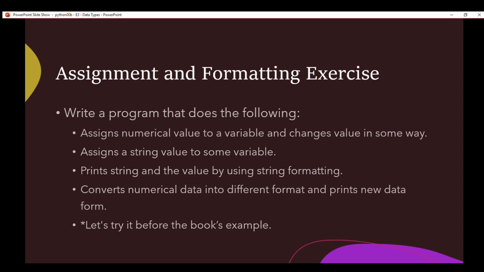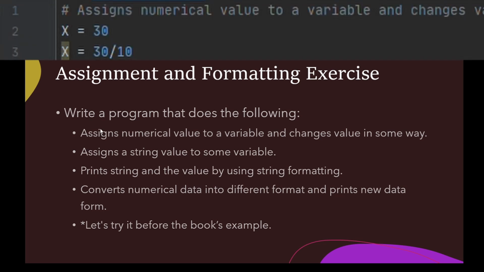So the assignment and formatting exercise: the first thing I'll do is write my own just based off of these parameters, and then we'll go over the book's example, which the book tells you is what they want. First, assign a numerical value to a variable and change the value in some way.